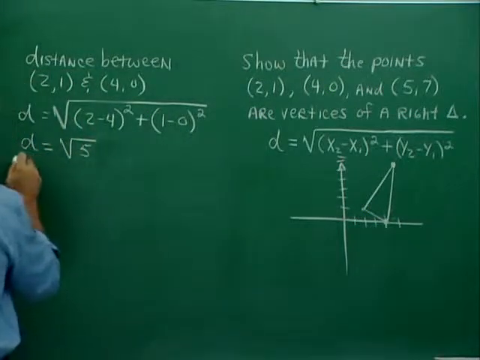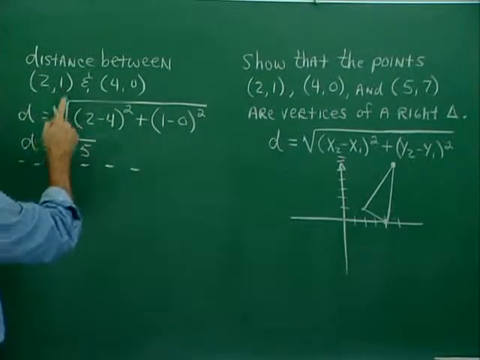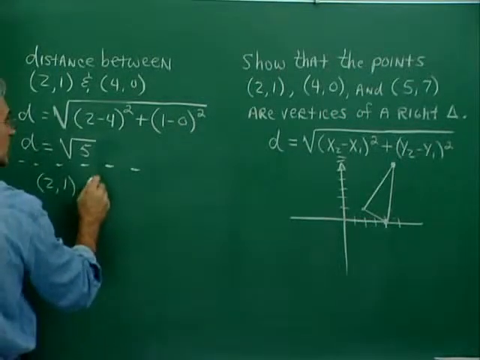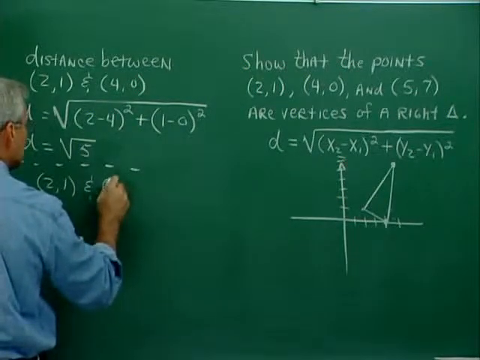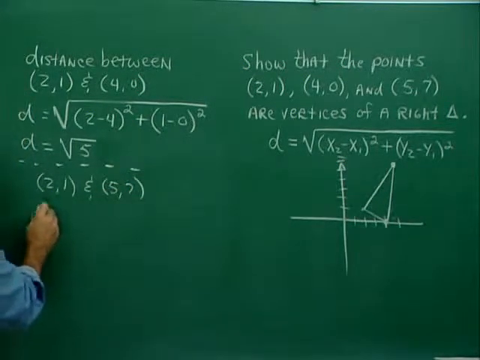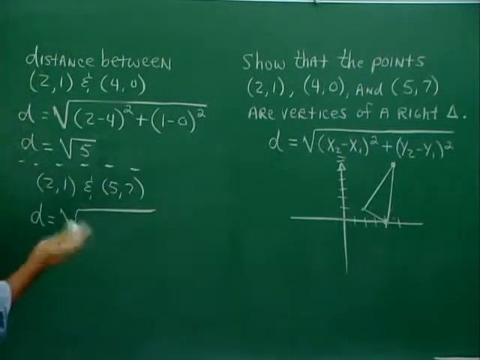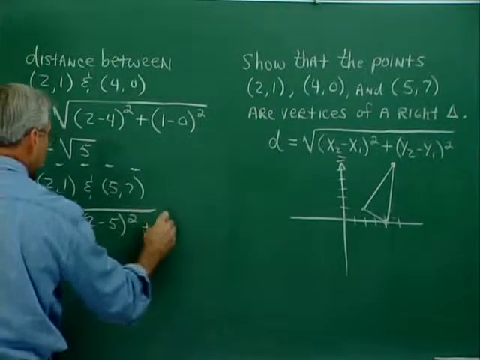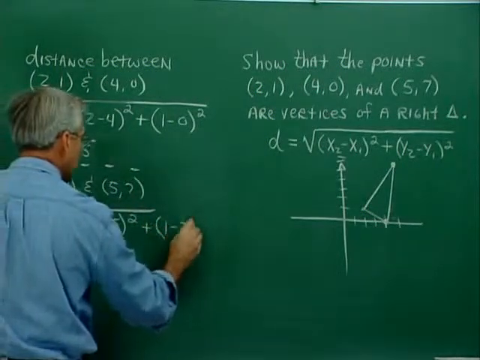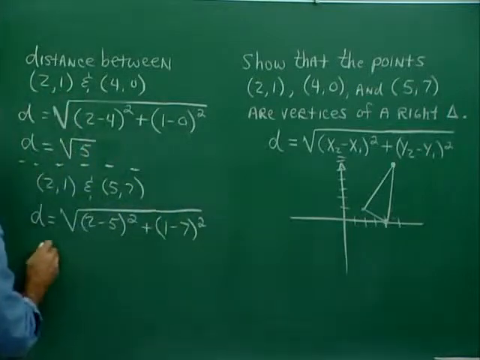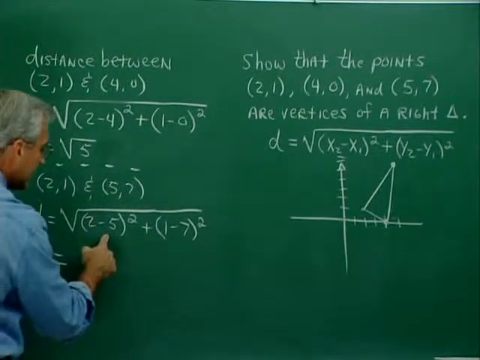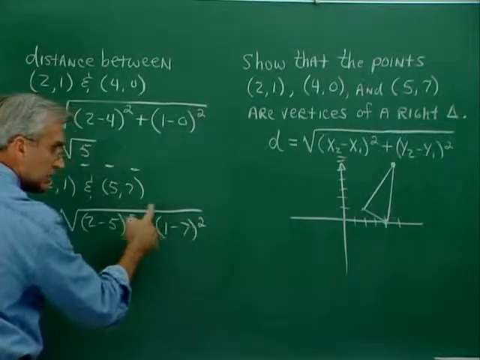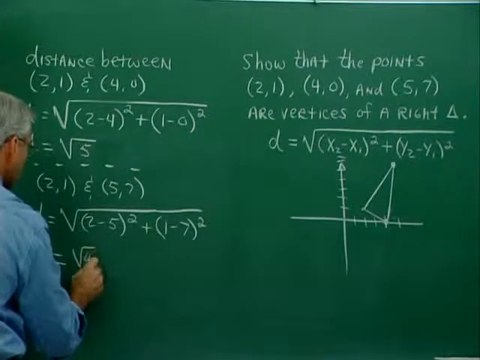Now, for another one, the distance between (2, 1) and that other point (5, 7), the distance is the square root of the difference in x components, 2 minus 5, squared, plus the difference in y's, 1 minus 7 squared. Negative 3 squared is 9, negative 6 squared is 36. 36 and 9, that's 45. So the square root of 45.